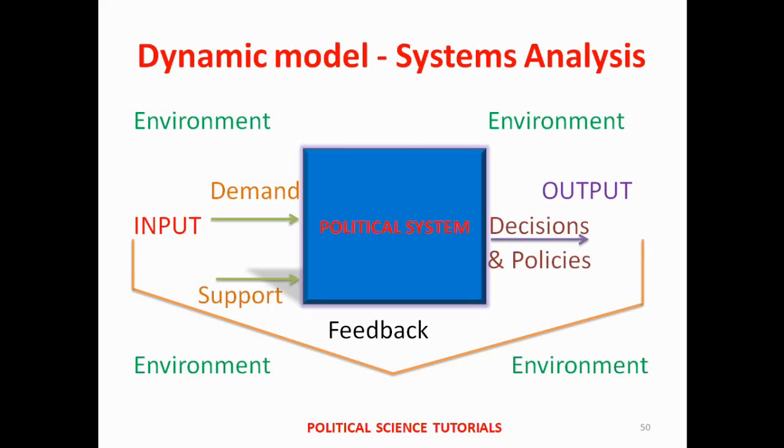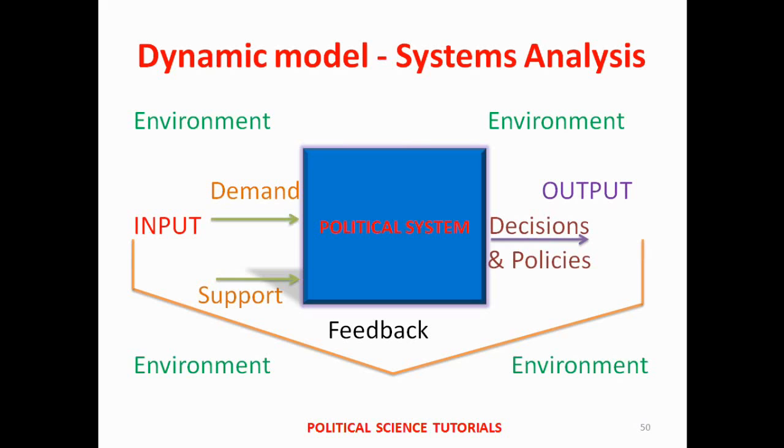Step 4, the new policy which was enacted by the political authority may generate new demands and supports, and groups in support of or against the policy, and this enters as feedback in the political system and other new policies are formed. It is a continuous process of policy making following the political behavior of members or organizations.